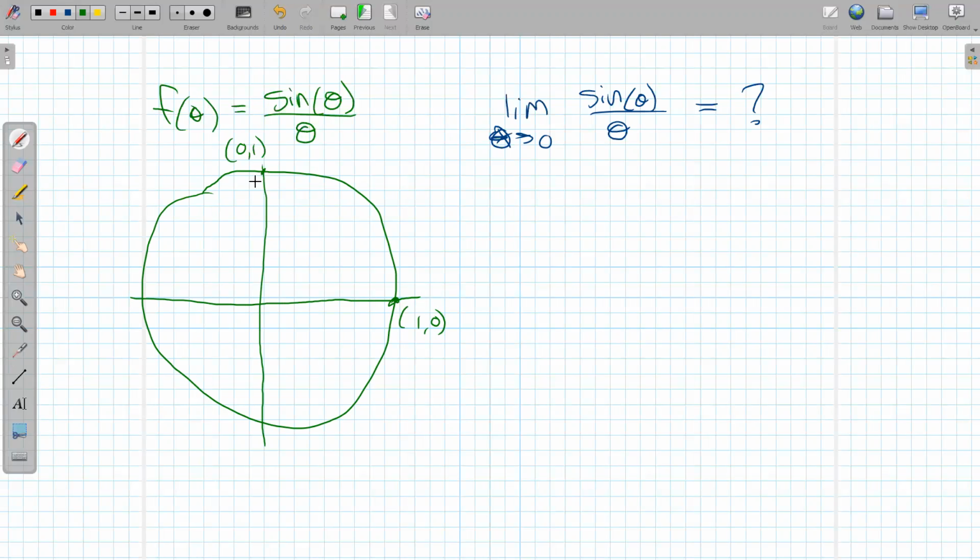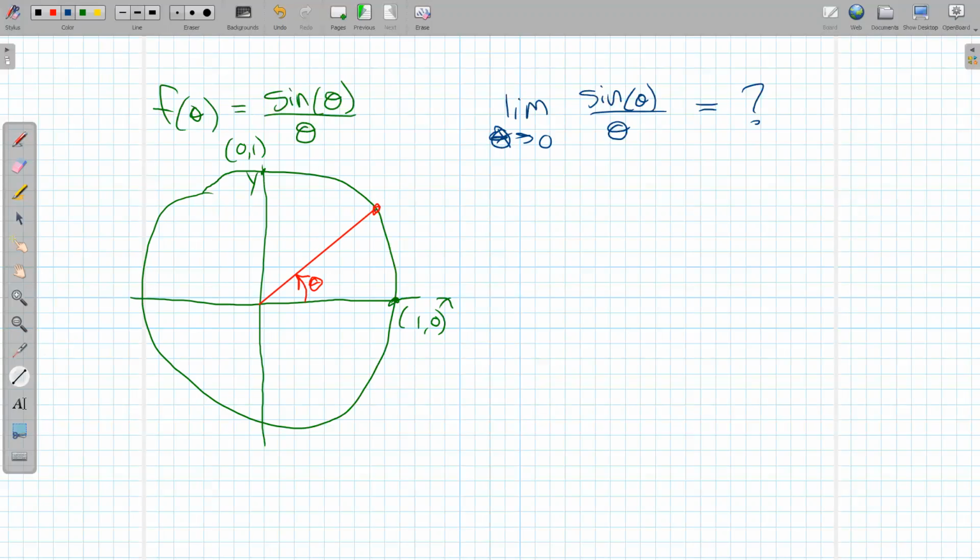If I pick some point, and let's stick with the first quadrant for a moment, and I connect a line segment from the origin, then this angle right there is my angle theta.